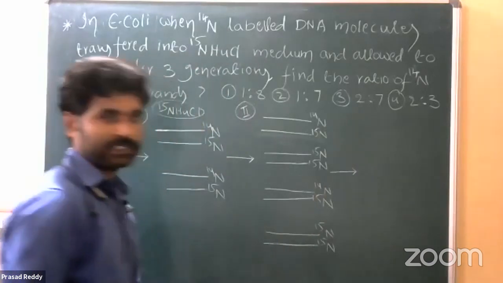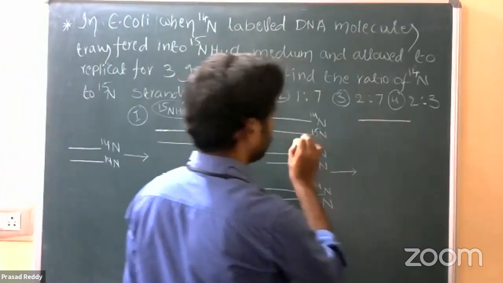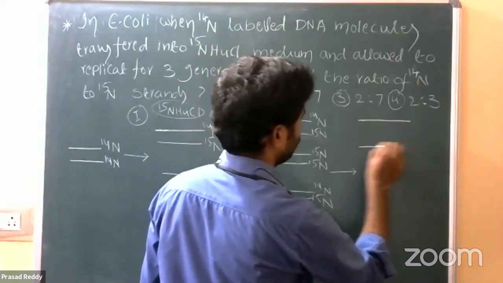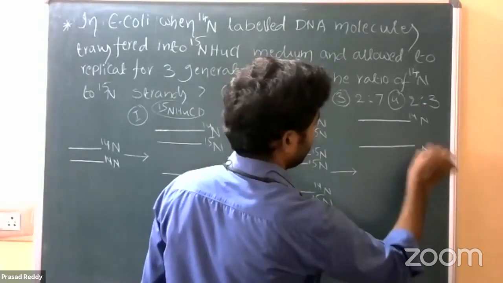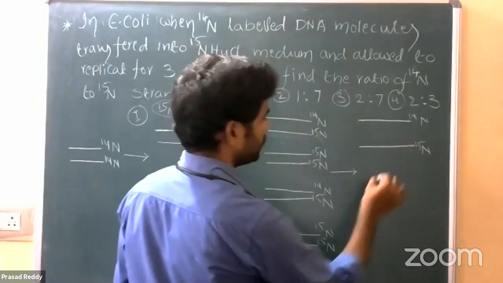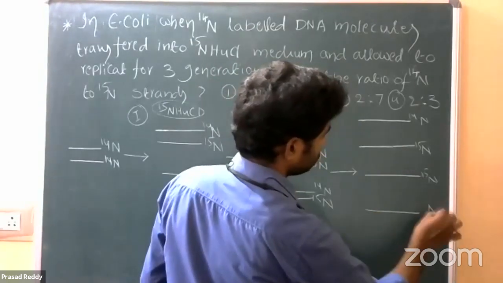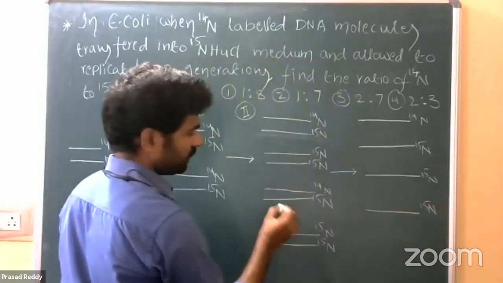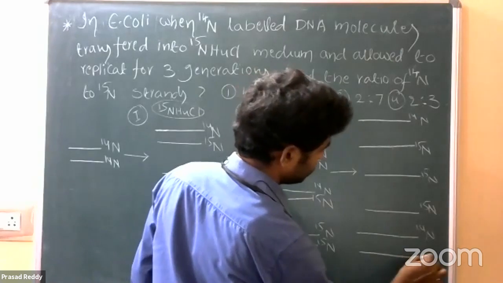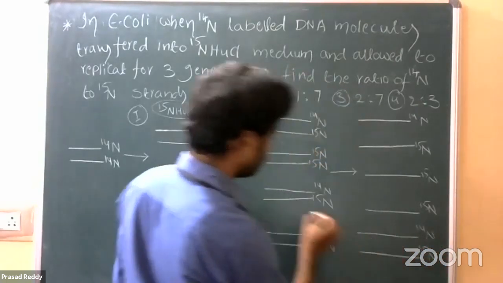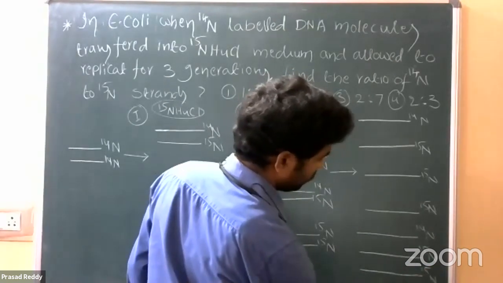Then next, the third generation. In the third generation, again they act as parental strands: N14 strand, N15 strand, N14 strand, N15 strand, then N15, N15. These are parental strands only.